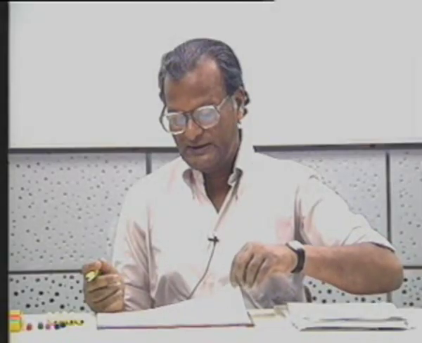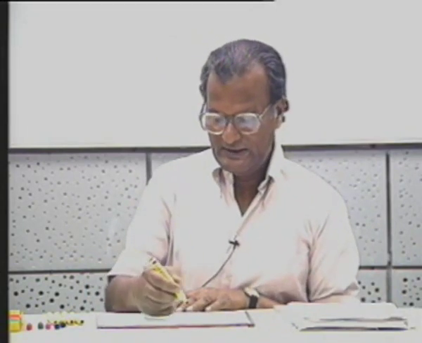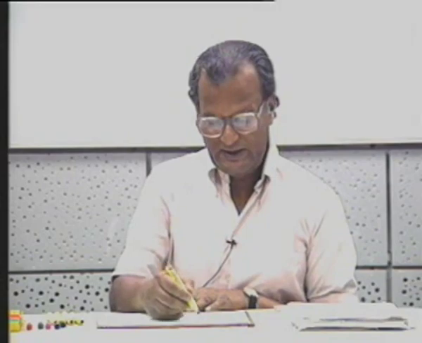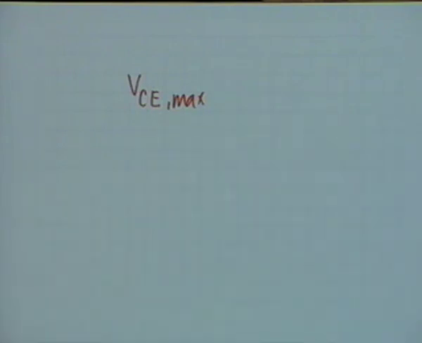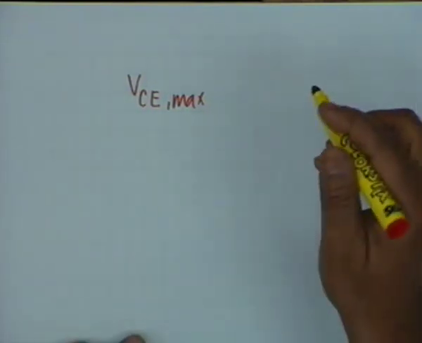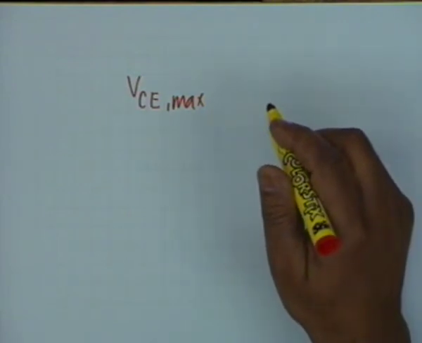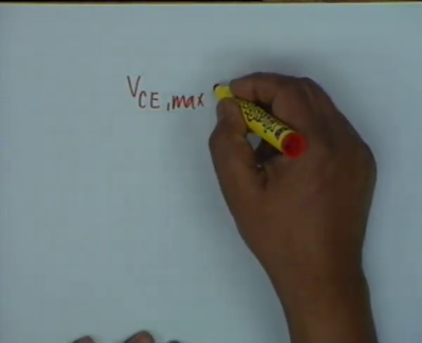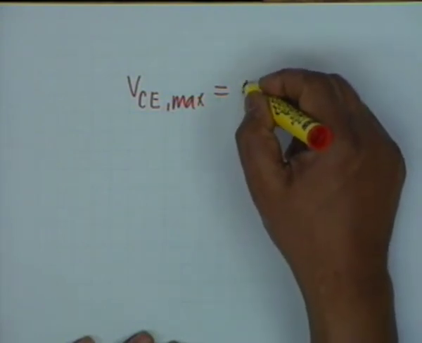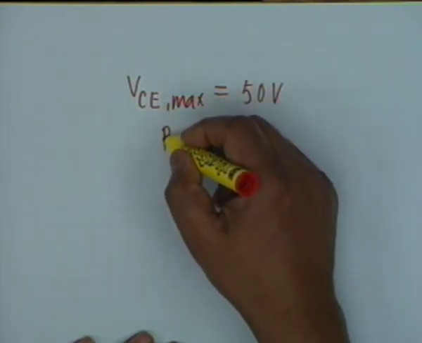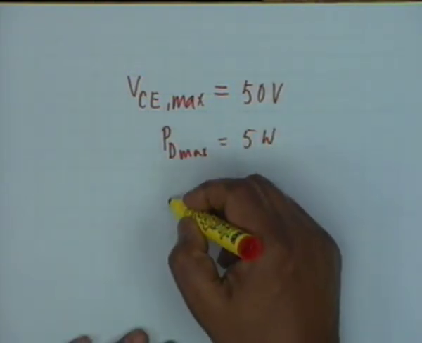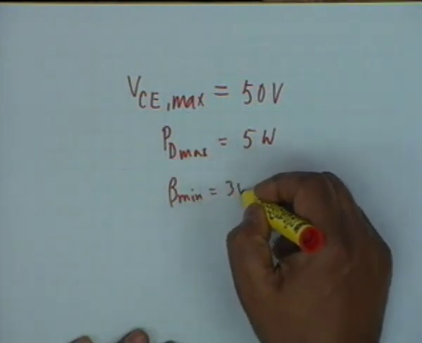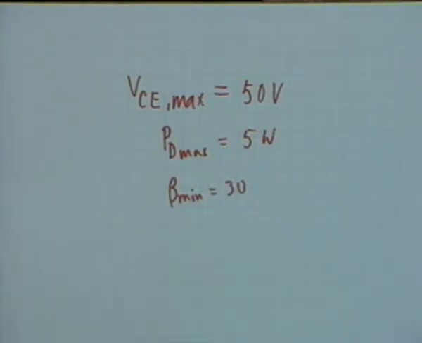Nevertheless, to illustrate the design of a transformer coupled amplifier, we take a typical example in which the same specifications for the transistor hold as was used in the previous example of transformerless power amplifier, that is resistance load. Suppose we have a transistor in which the maximum VCE is 50 volt, the maximum power dissipation is 5 watt, and let us say beta min is equal to 30, the same specifications as we had used in the previous example.